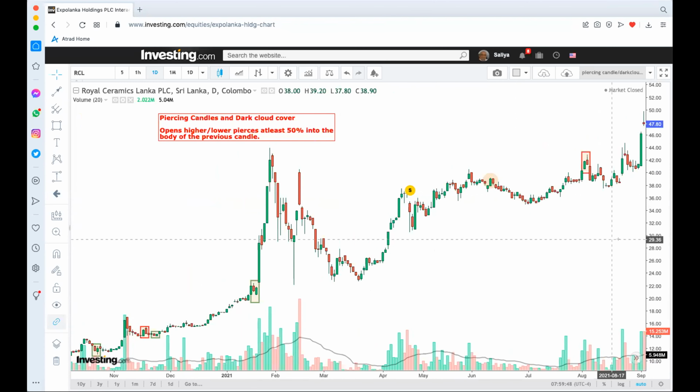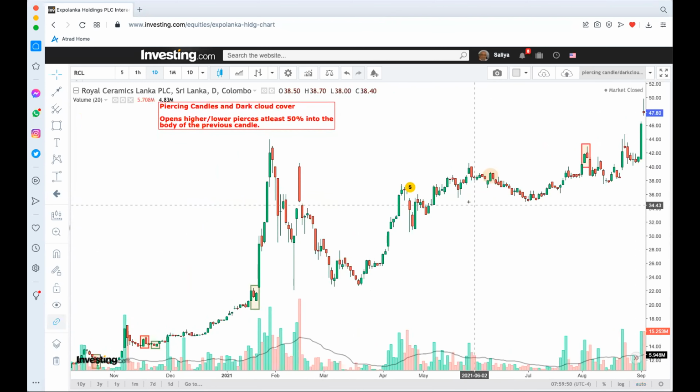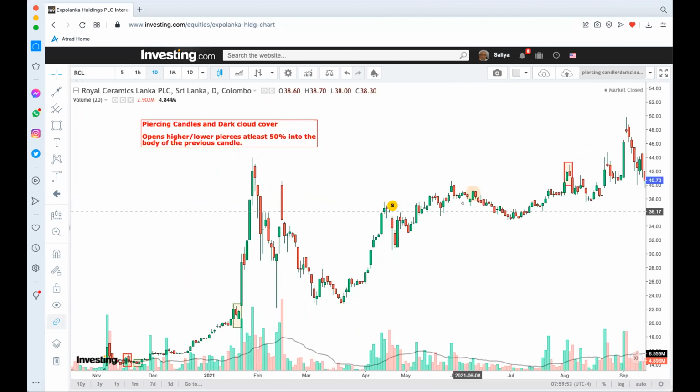Okay, now this, you can see, is not a bearish engulfing pattern. The reason is the body of the red candle is shorter than the body of the green candle. But at the same time, it has not started above the green candle's close. The green candle's close had been 39 rupees. The next day's open is 39 rupees.